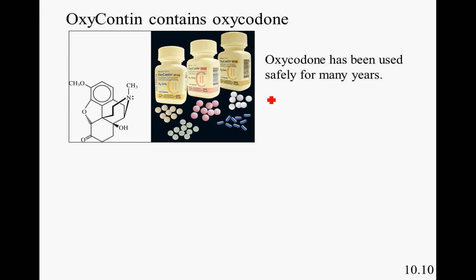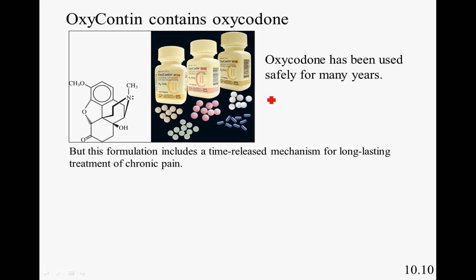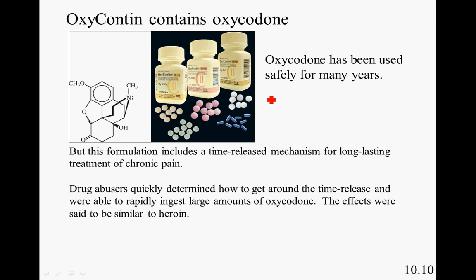Oxycodone has been used safely for many years. But this formulation includes a time-release mechanism for a long-lasting treatment of chronic pain. Drug abusers quickly determined how to get around the time release and were able to rapidly ingest large amounts of oxycodone.